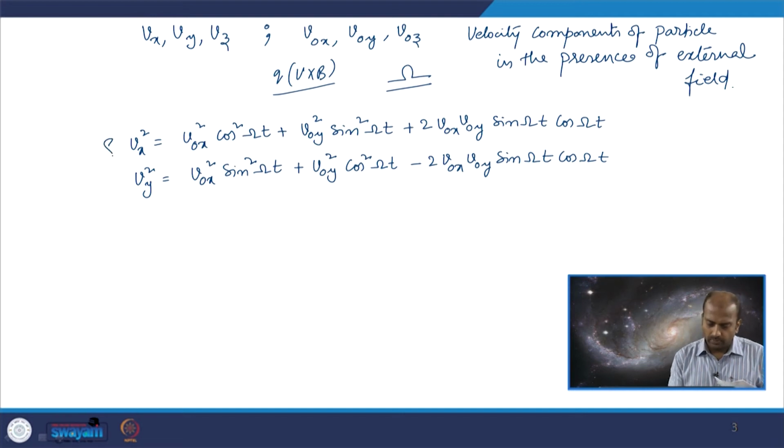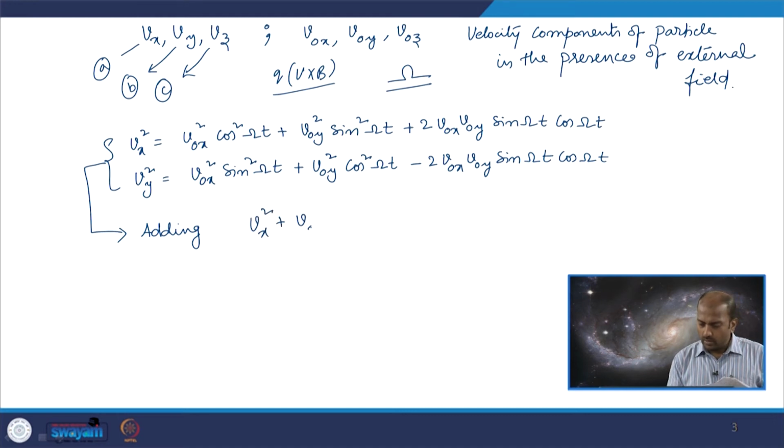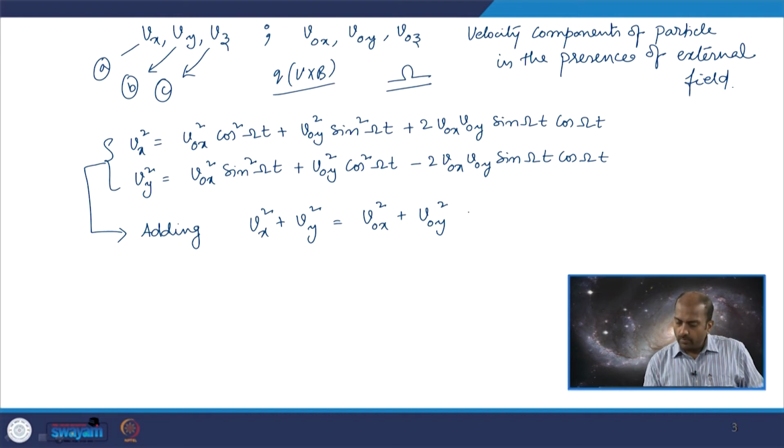If you add these two, let us call the expression for Vx as equation A, expression for Vy as equation B, expression for Vz as equation C. Adding these two, we will realize Vx square plus Vy square is equal to V0x square plus V0y square, which we are going to call V perpendicular square, because Vx and Vy are perpendicular to Vz.